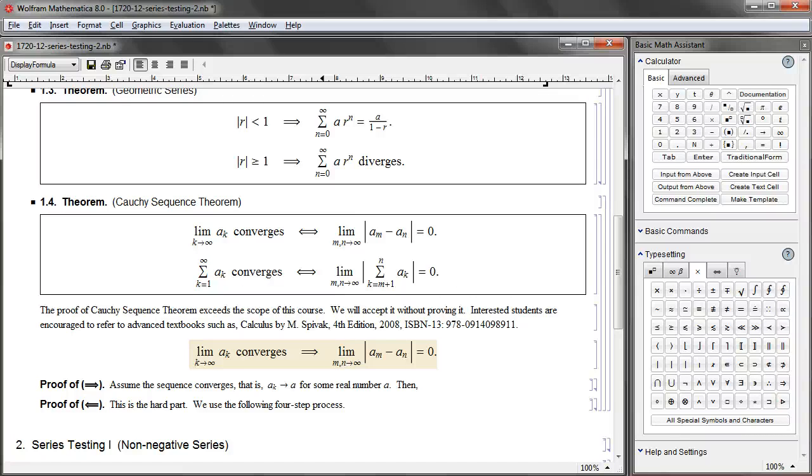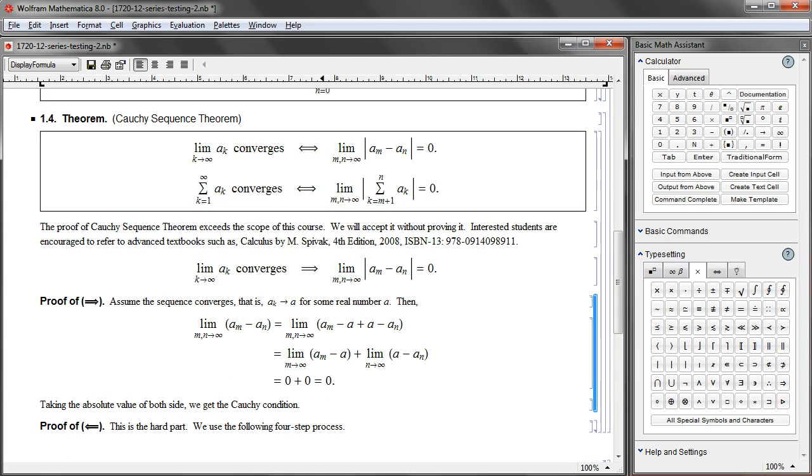Let's suppose the sequence a_k converges to A. Then this limit on the right-hand side here can be rewritten like this. All I have to do is to insert minus A plus A, which is equivalent to adding 0, so I didn't change anything.